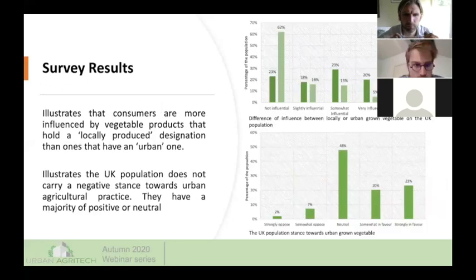And if I change the slide, this was illustrating the stance towards urban agriculture. You see that there's a lot of people that are neutral, which is very common. People sometimes don't like to give their opinion, but very few people are opposed to urban agriculture.